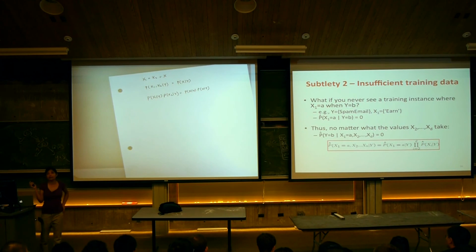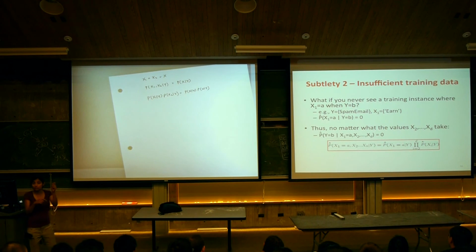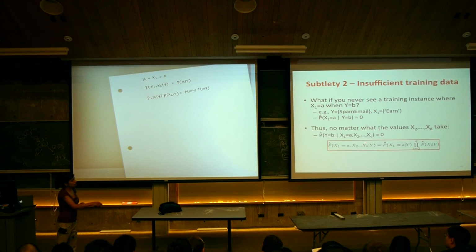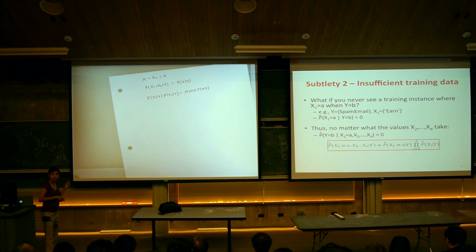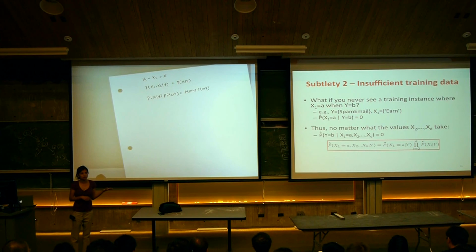Then no matter what the values of all the other features you might have crafted are, just because you did not see this one feature ever in your training data set, you will output the total probability to be just 0, because it's a product of all these probabilities. So even if you don't see one of them, you're going to output a 0 as your probability. So this is an issue.